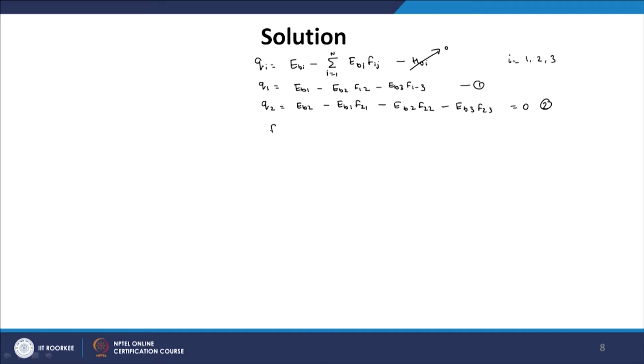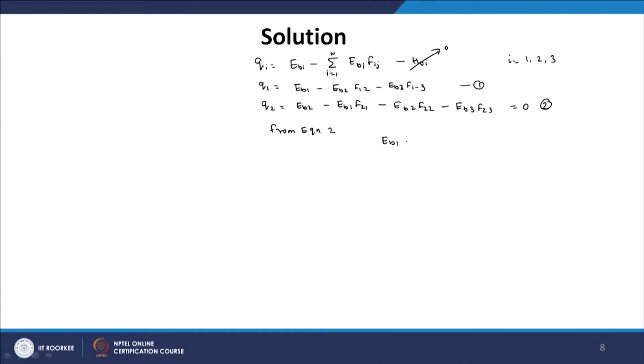From equation 2 we can solve for Eb2, because Eb1 and Eb3 are known. All the view factors we can look up from the book. These are standard configurations, and we have already learned many methods to calculate the view factors.